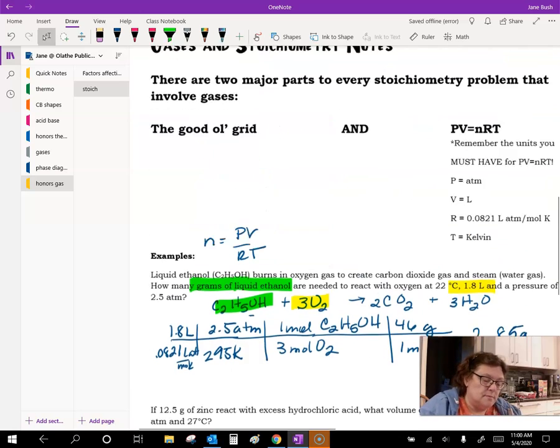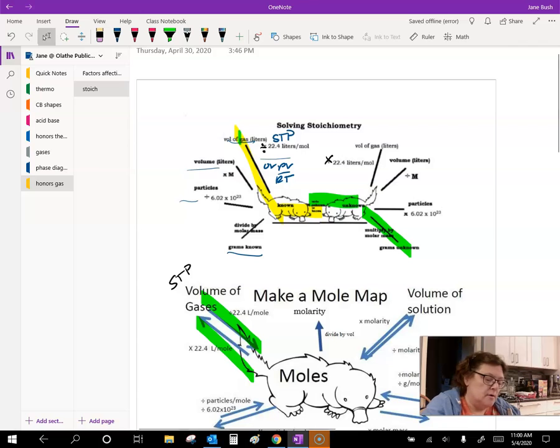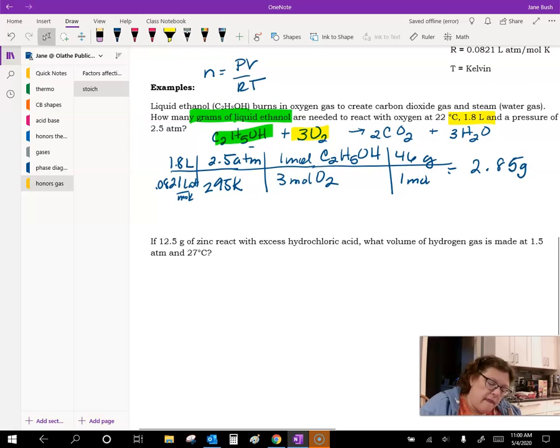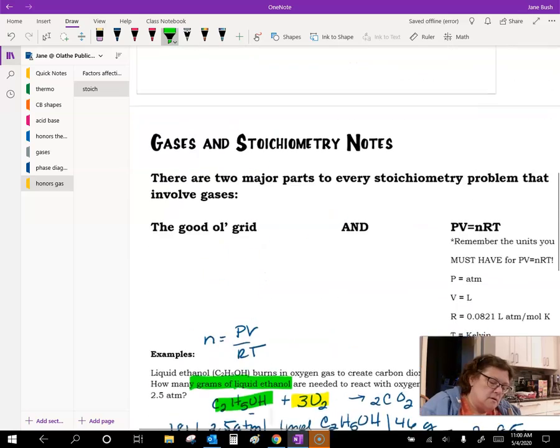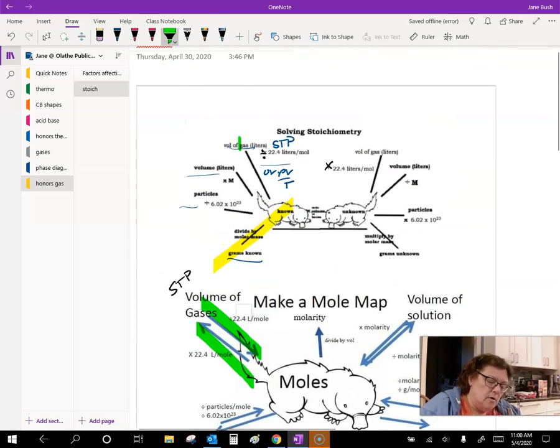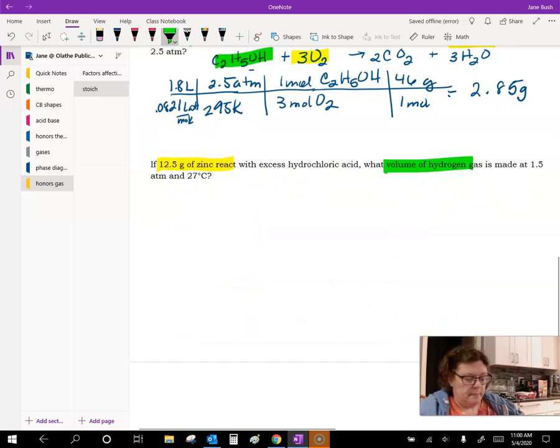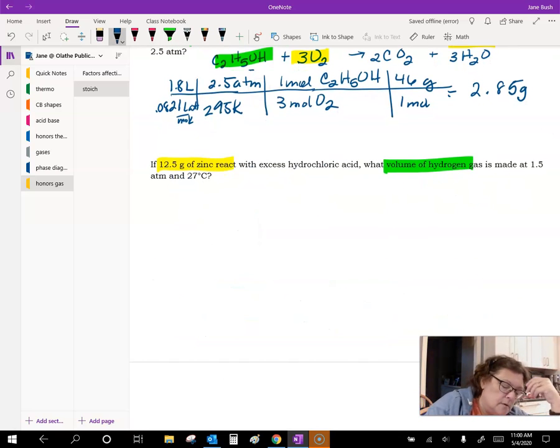We're starting with grams this time. So if we look at our mole map up here, this time we're going to start with grams of zinc, and we're going to calculate volume of hydrogen gas. So we'll go from here to here. Okay. First we need an equation.